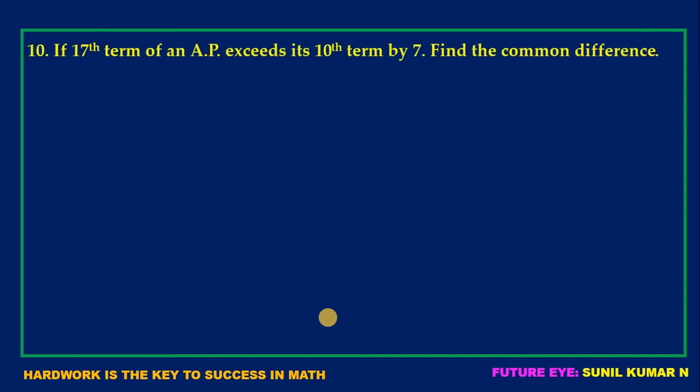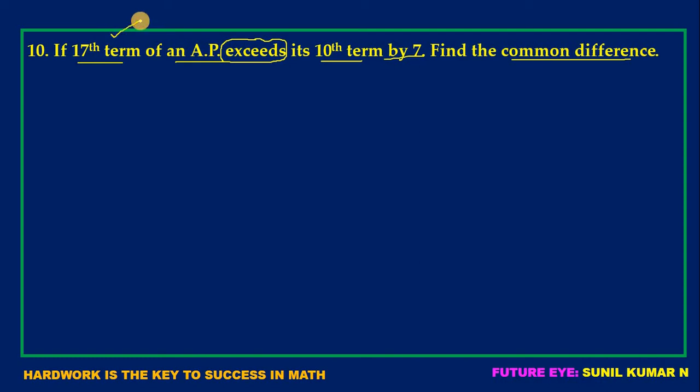That is the 10th problem. If the 17th term of an AP exceeds, so this is a very important word in this problem, its 10th term by 7. Find the common difference. First understand what the problem is about. Here they are talking about the 17th term.